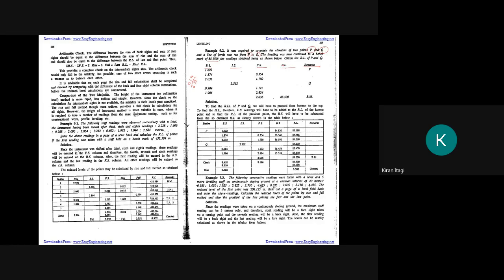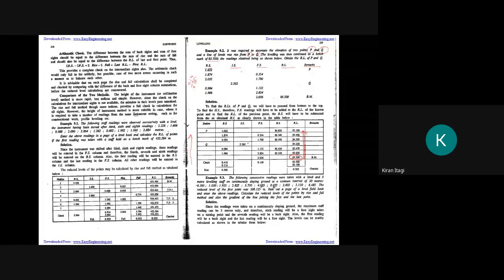Here the process is in reverse order. Here you have the benchmark, 83.50. You have to move in reverse order, from bottom to top.